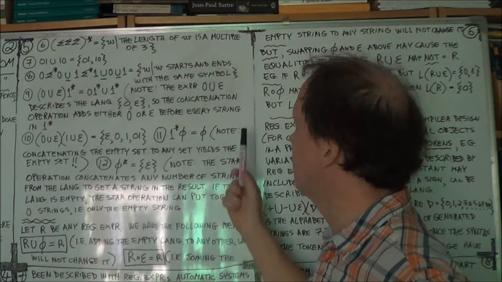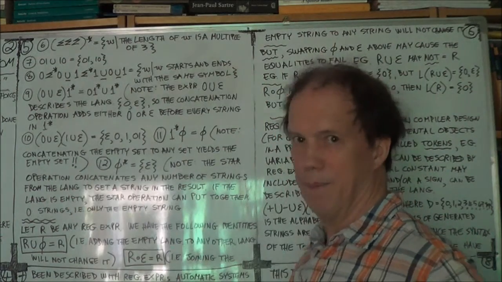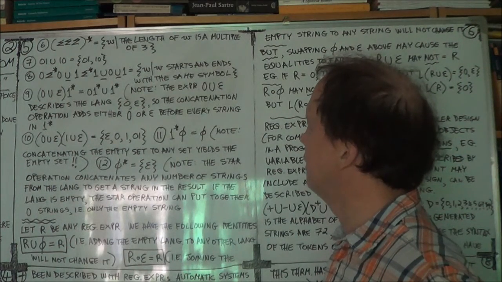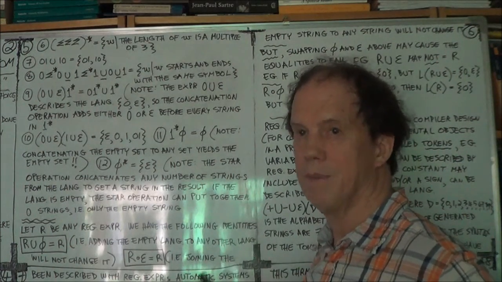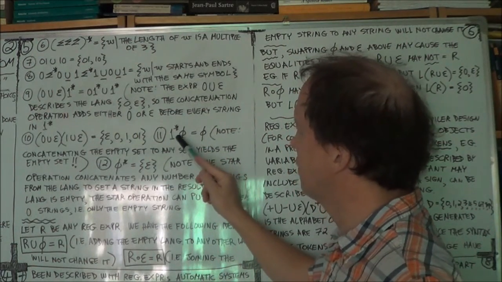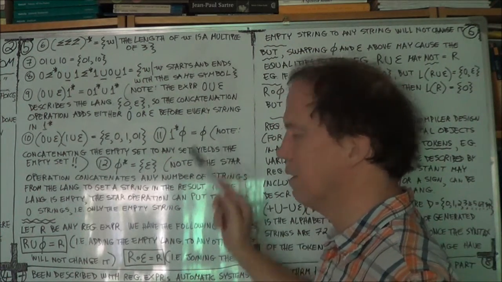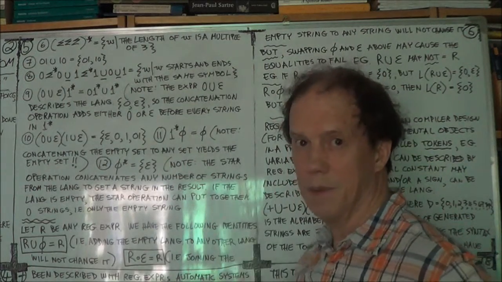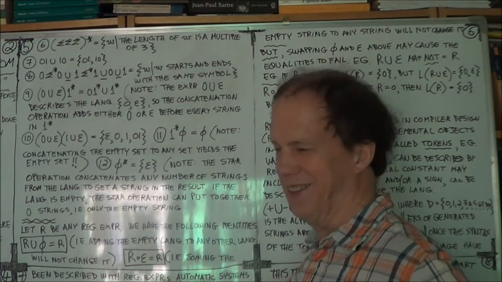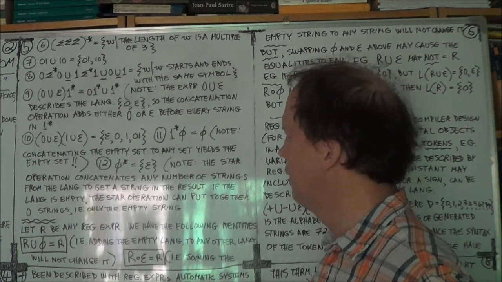So in other words, concatenating the empty set to any set yields the empty set. So maybe that's almost a definition. So be careful. You may fall into this trap of assuming that whatever set you have here, if you concatenate it with the empty set, you'll get what you had here. No, you get the empty set. So pay attention. I predict you will fall into that trap sometime in the future.